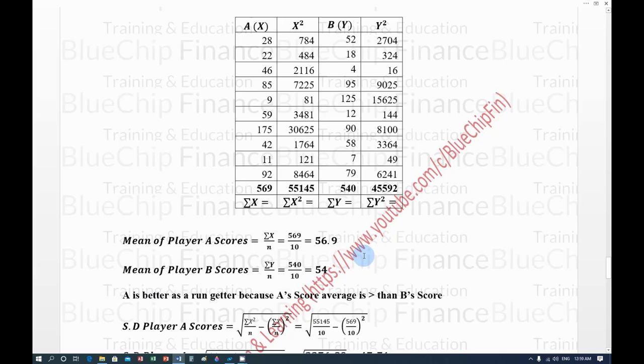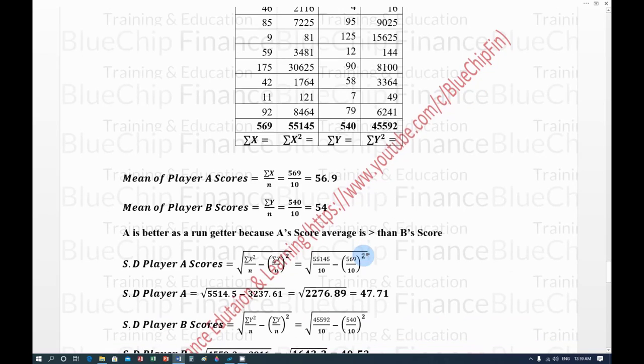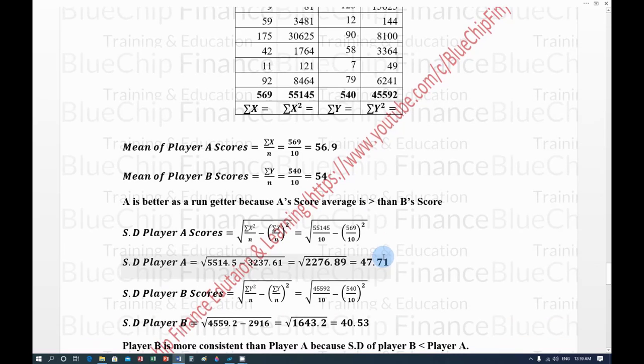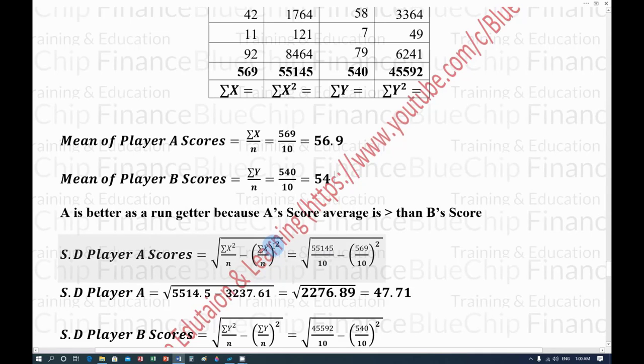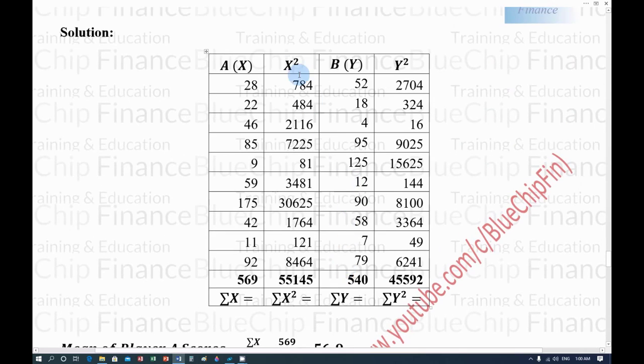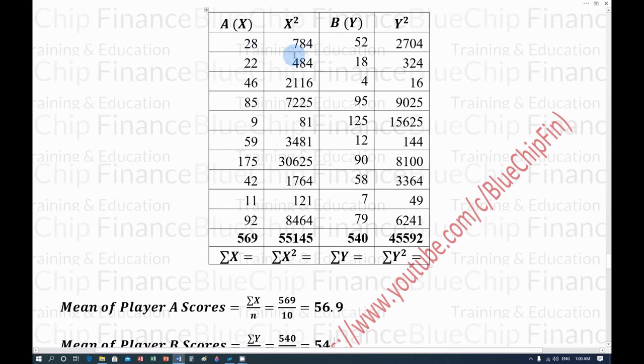But who is more consistent? For this observation we have to calculate standard deviation. So standard deviation for ungrouped data is equal to the square root of sum of x square over n minus mean square, and for that purpose we need x square and y square. So 28 square 784, 22 square 484, and the sum is 55145.